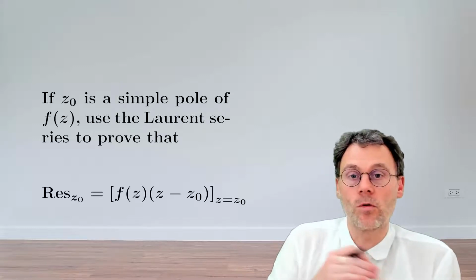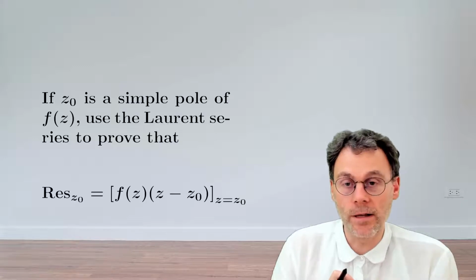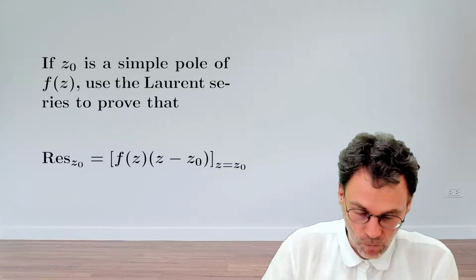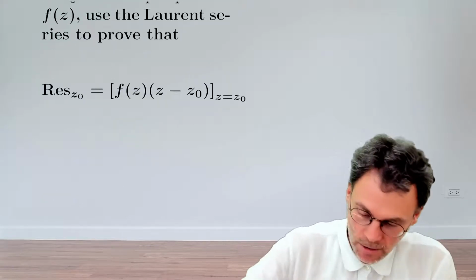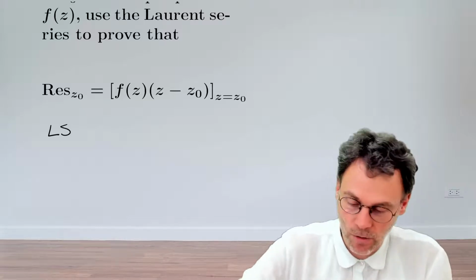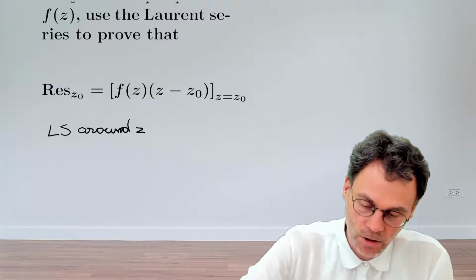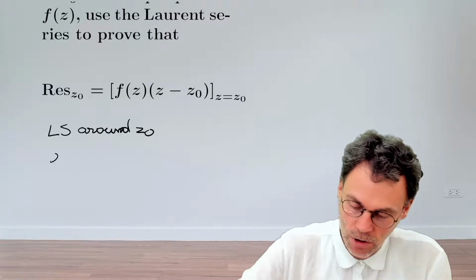Right, so we know we're dealing here with a single pole. So in that particular case, we can more or less write down the Laurent series, or at least the general form of it. So the Laurent series around the point of interest, which is z naught for a single pole, looks something like this.